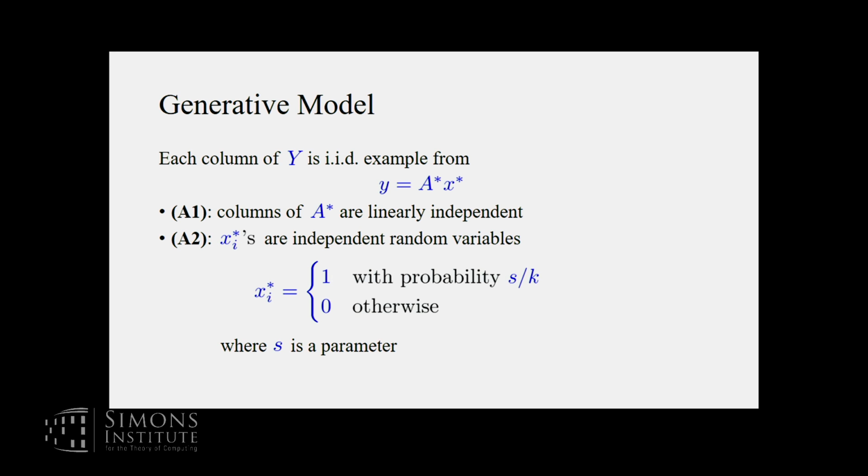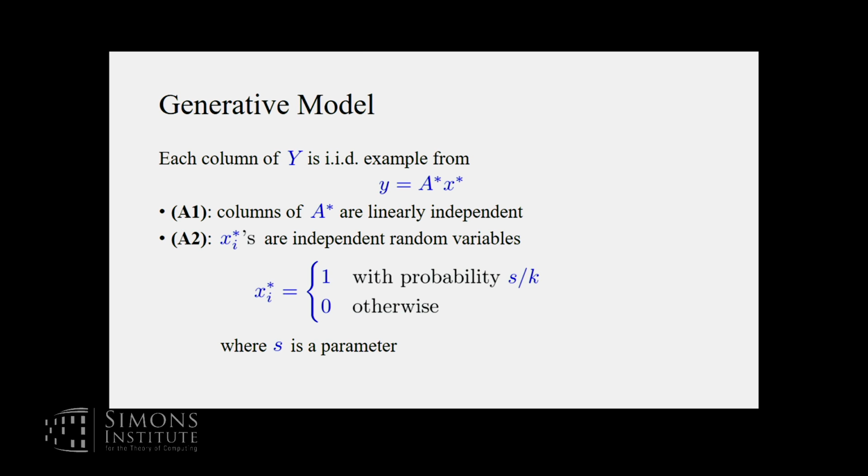Now we also assume some distribution on the random vector X star. We assume that the coordinates are independent. So this is the key assumption. And we also assume that it's just 0, 1. It's 1 with certain probability and 0 otherwise.